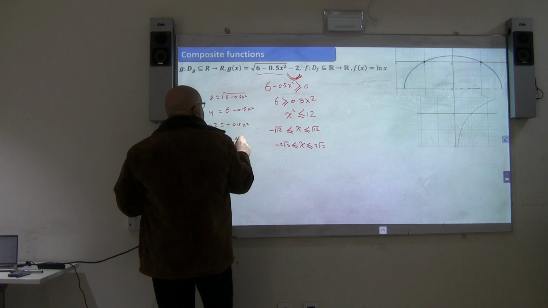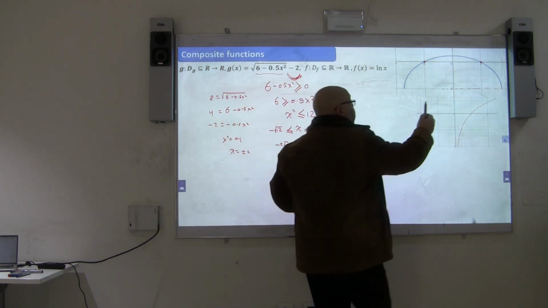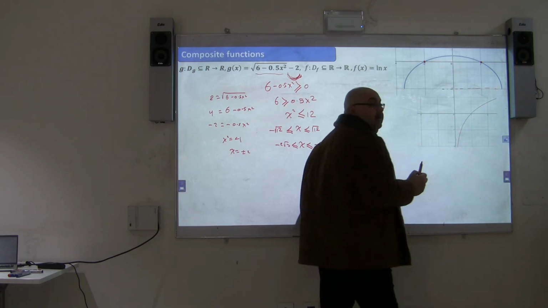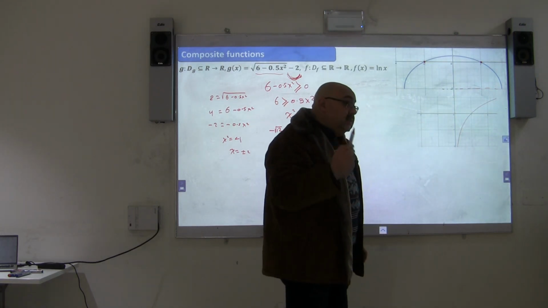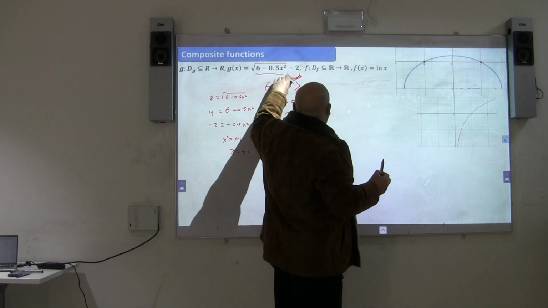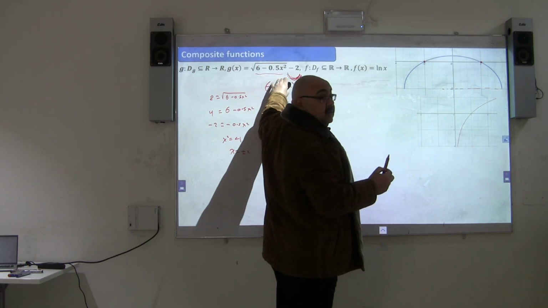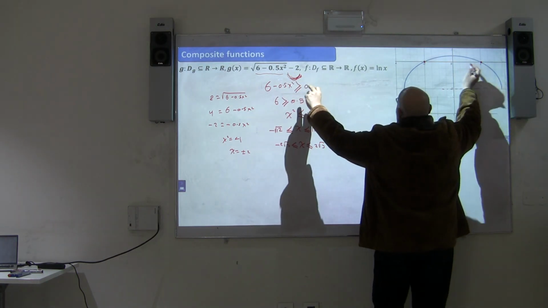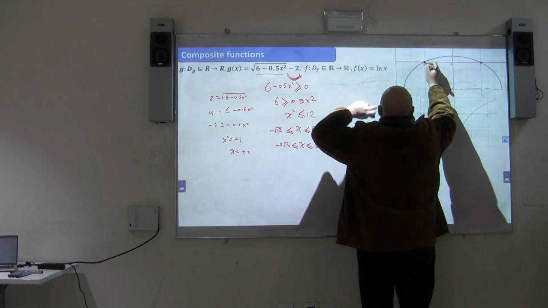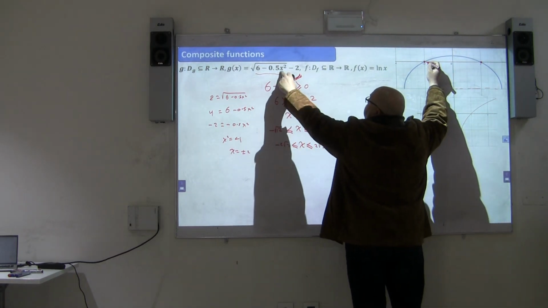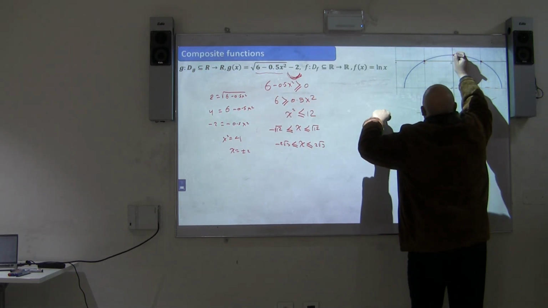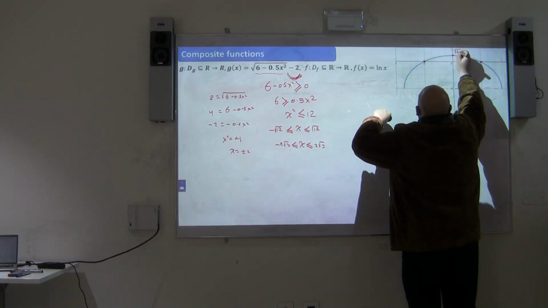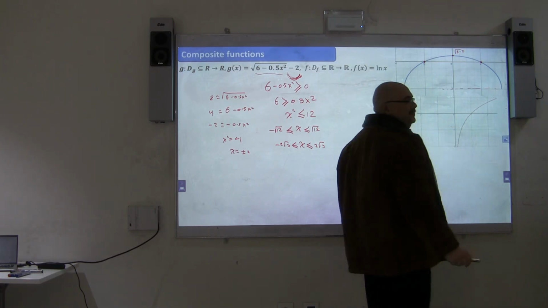That leads to x squared equal to 4, so x equals positive or negative 2, exactly the 2 points that I told you about. If I took these values and substituted in g of x, if you substitute by 2, the y is going to equal 0. If you substitute by -2, the y is going to equal 0. If you substitute by x equal to 0, you will get this value, which is root 6 minus 2.